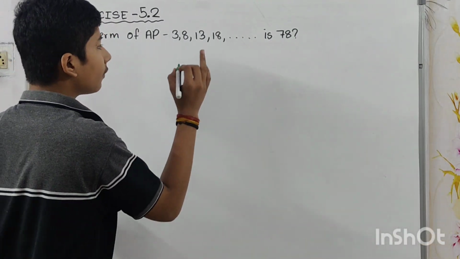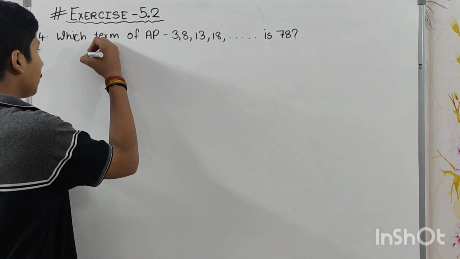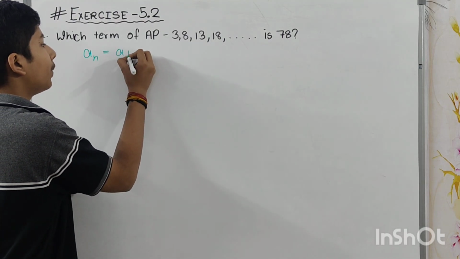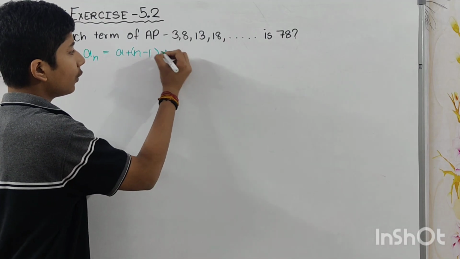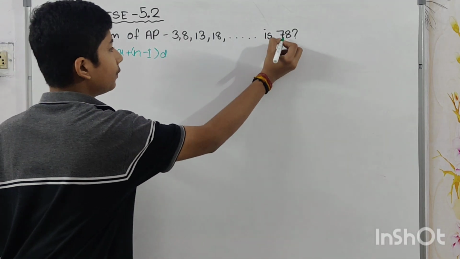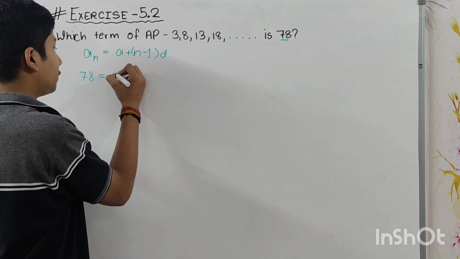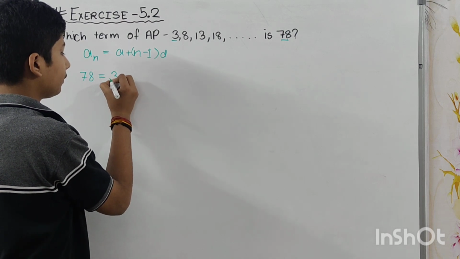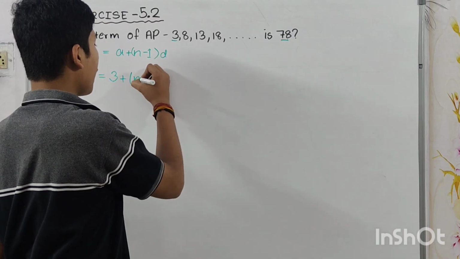So firstly, what will we find? We'll find out D and A. The nth term equals A plus n minus 1 into D. We know this formula. This is the nth term. So 78 equals A, the first term, which is 3, plus n minus 1, since we don't know n.